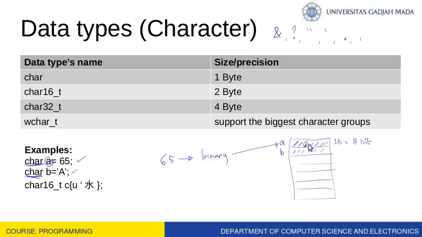Here it will be 65 in binary form, and this is also 65 in binary form, even though we have two different ways to state the same thing here.